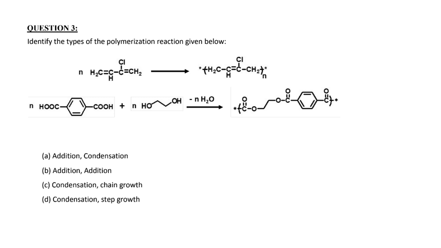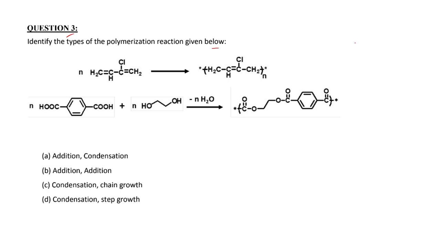Okay, now question number 3, identify the type of polymerization reaction given below. So you need to find out the type of polymerization. We have already discussed in lecture, sir has already taught that there are two types of reaction.